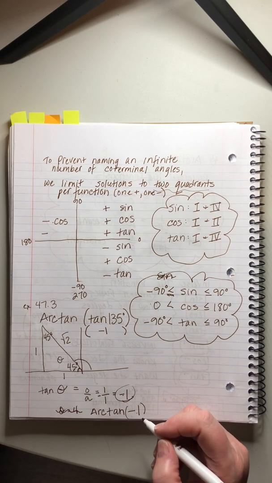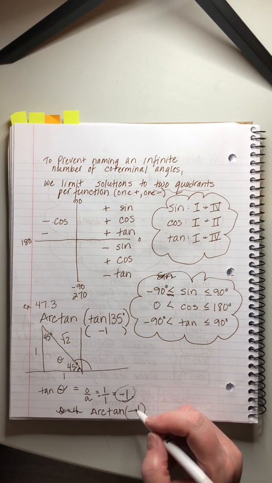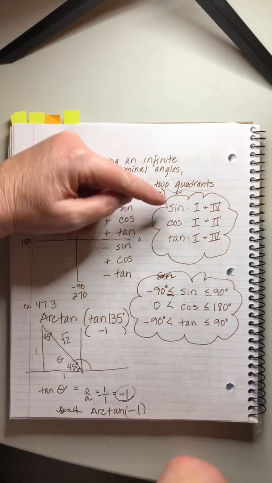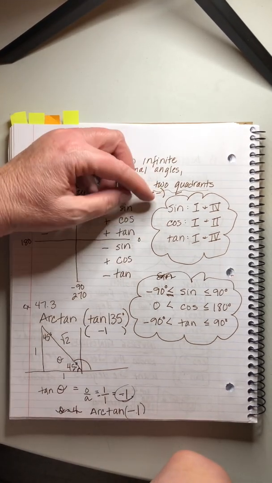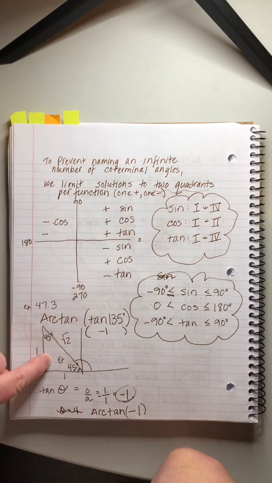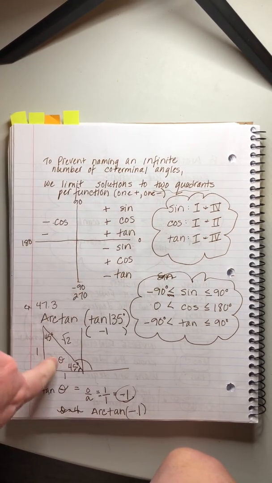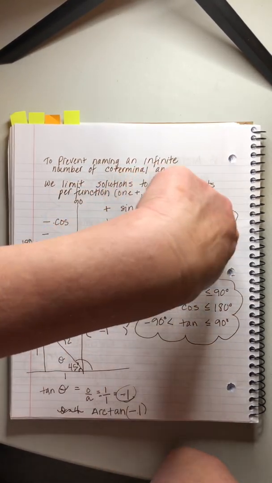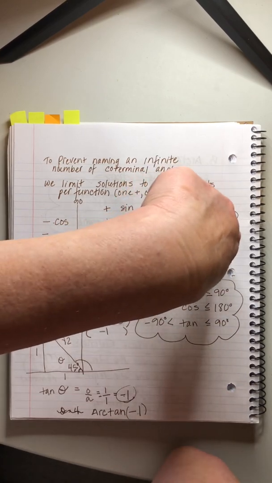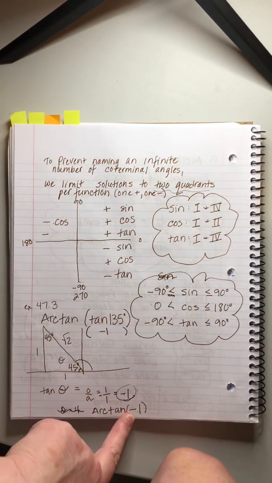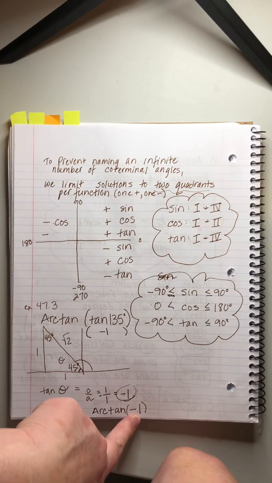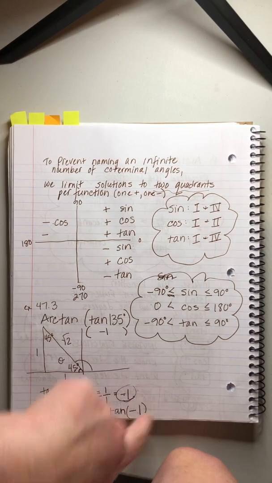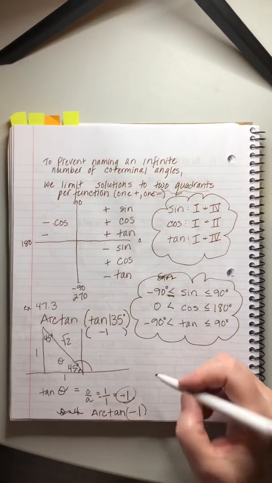And that means we have to limit our angle now, right? This is the trick of the problem. With tangent, we can't have a second quadrant angle. We're not allowed based on the limits we've given ourselves. So in order for us to have an angle whose tangent is -1, we have to go to the fourth quadrant.